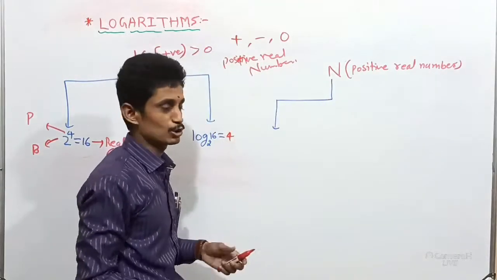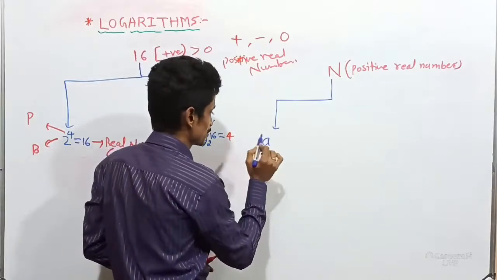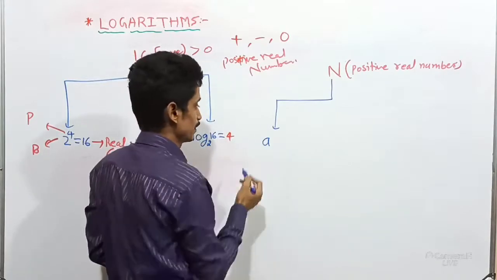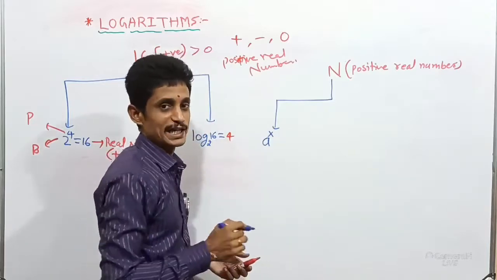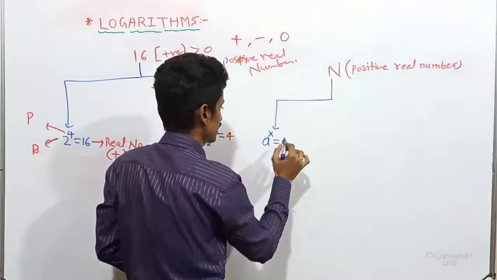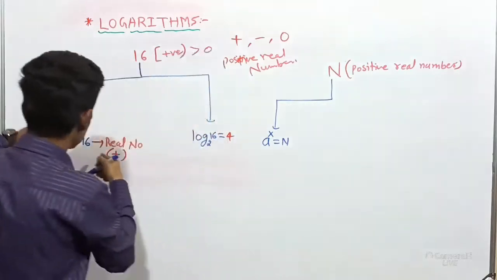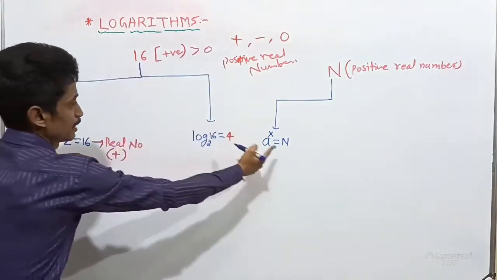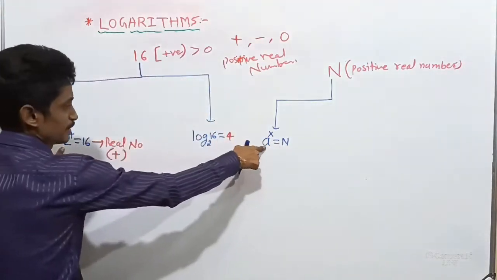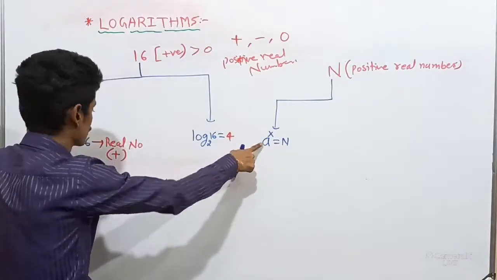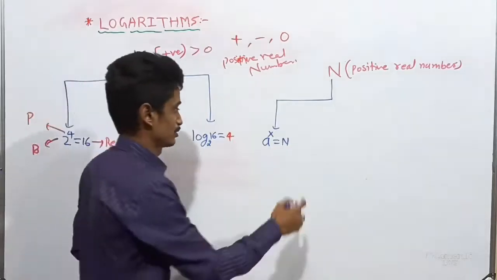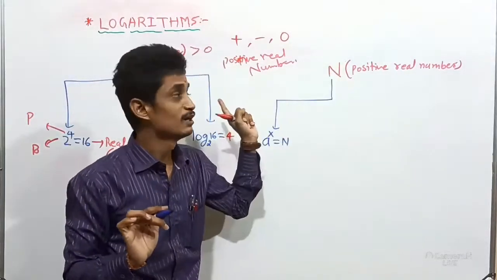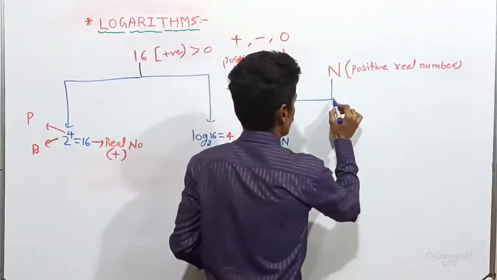To the base, we don't know, simply I will take it as base a. And power I don't know, simply I will take one variable, small letter x, is equal to the given number n. According to the example, the given number to the base, I assume the base as a, and the power I assume as x. So a to the power x is n. This is the general representation of a positive real number.